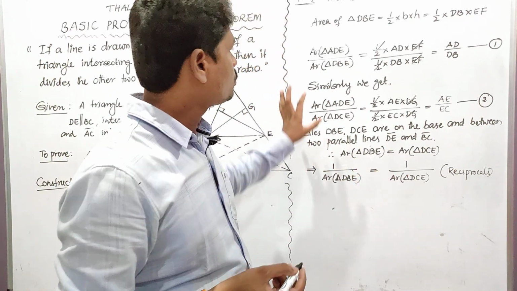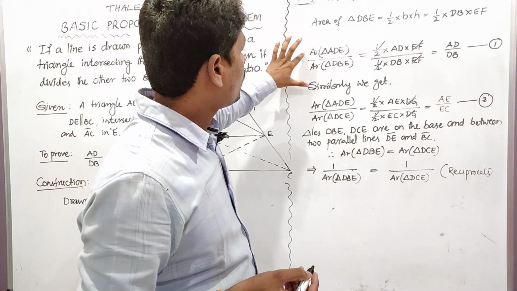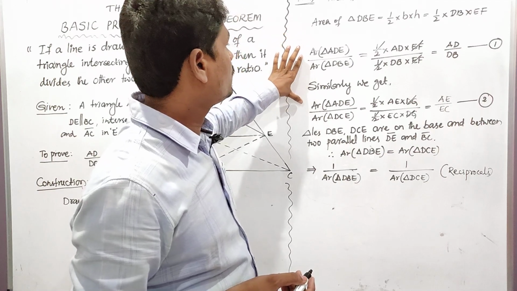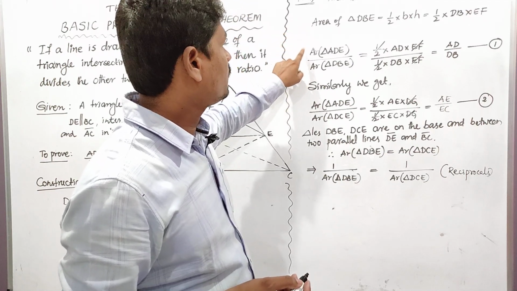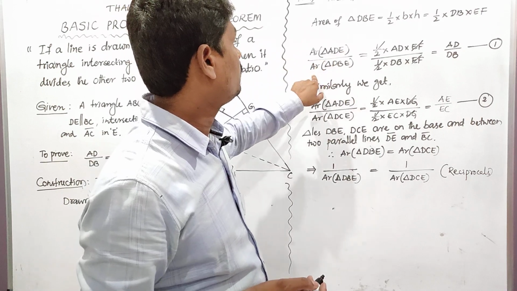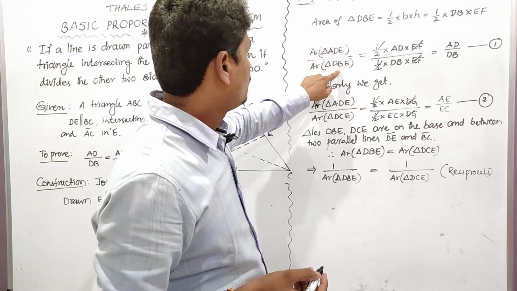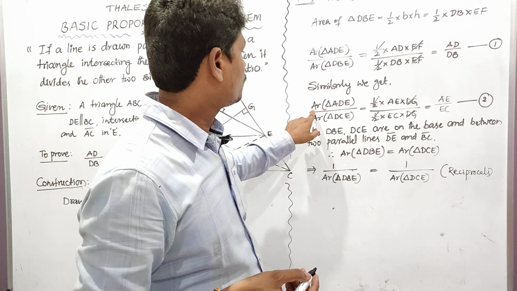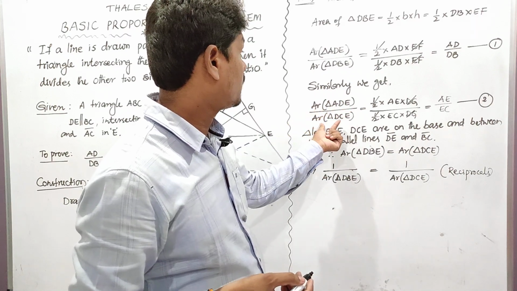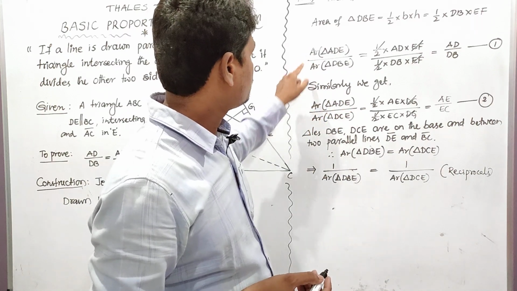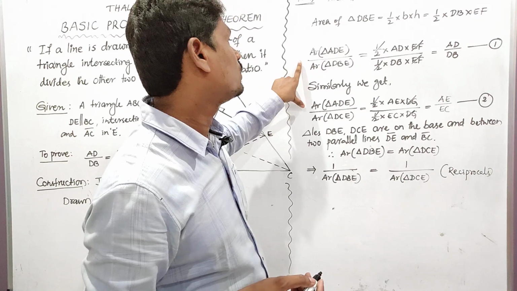Now see student, the left hand sides of equations 1 and 2. The left hand side of equation 1 is area of triangle ADE by area of triangle DBE. The left hand side of equation 2 is area of triangle ADE by area of triangle DCE. So the numerators are the same on the left hand sides of both equations.